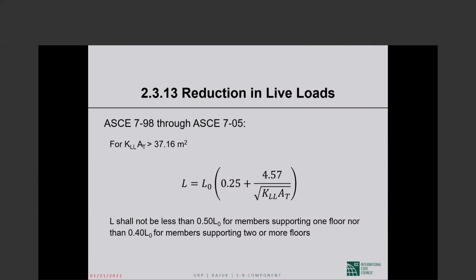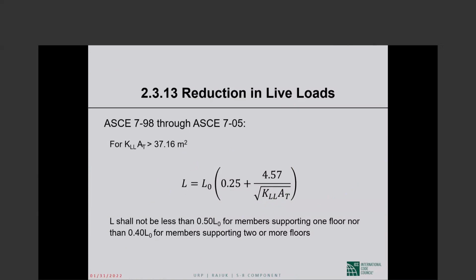So in the next edition of AC 7 dated 98, which hasn't changed since, so this is what you have in BNBC, the formula didn't change, but the influence area was expressed as a constant times the tributary area, which everybody understood.